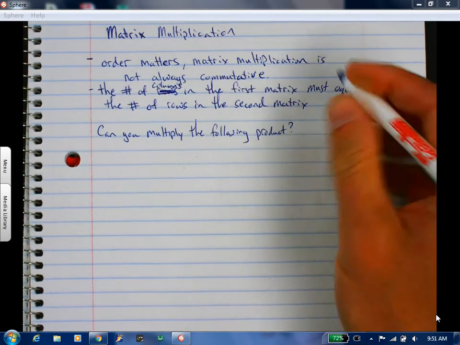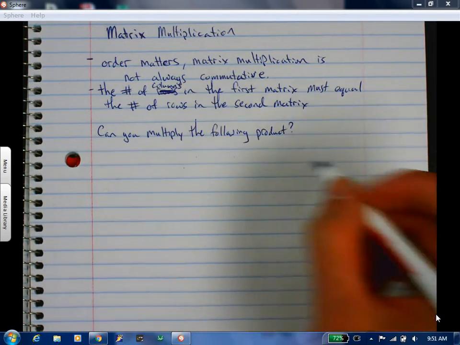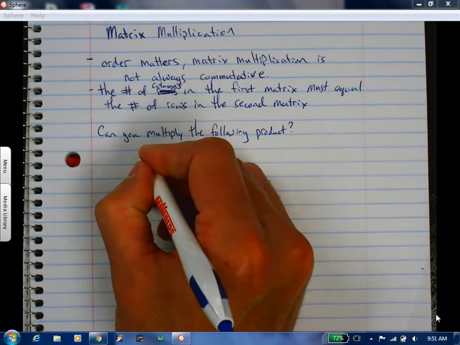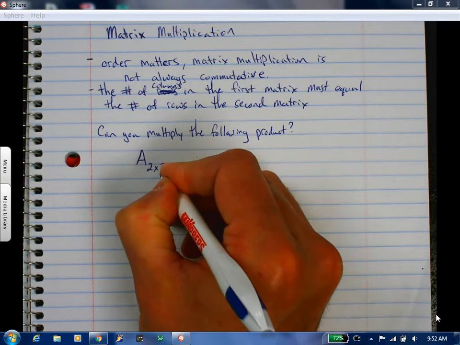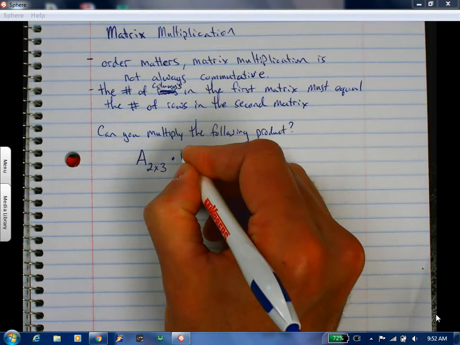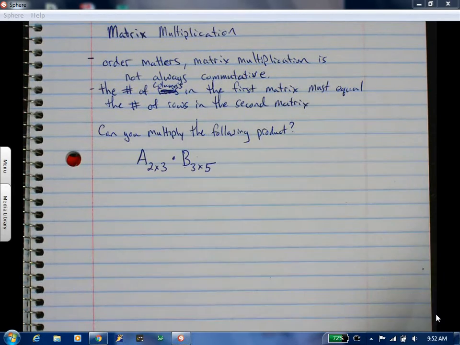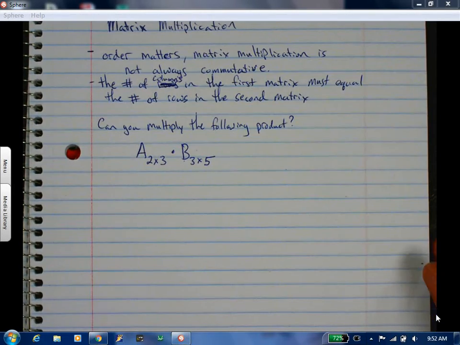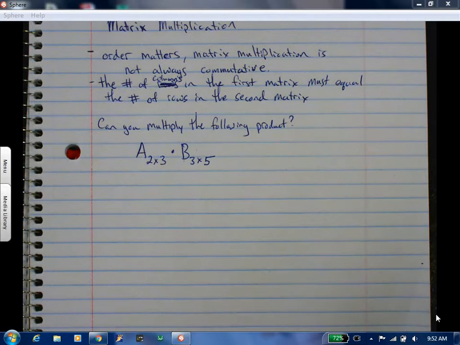So can you multiply the following product? Seems pretty split here. Well, yes.